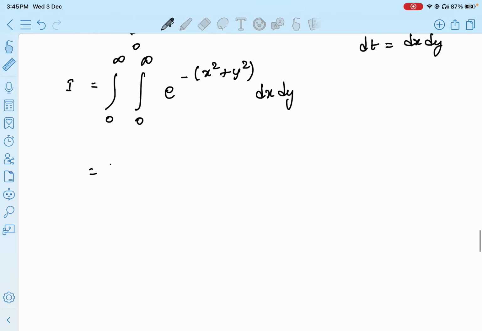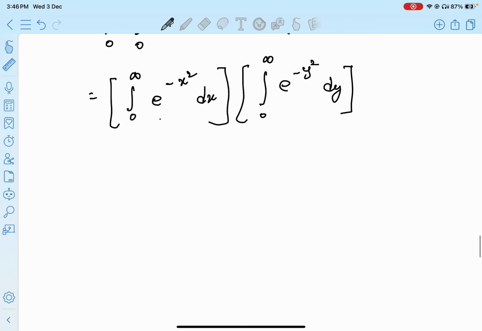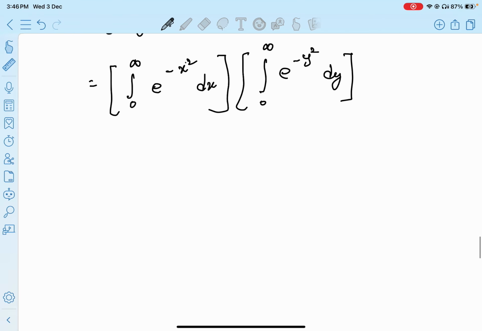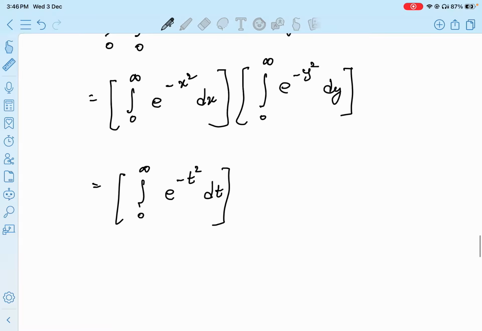So we have two different integrations and we can split them: the integral from 0 to infinity of e to the power minus x squared dx, and the next integral from 0 to infinity of e to the power minus y squared dy. We have two similar integrations. x and y are dummy variables, so we can replace them with t again. So I equals the integral from 0 to infinity of e to the power minus t squared dt, the whole power 2, because we have two integrations.